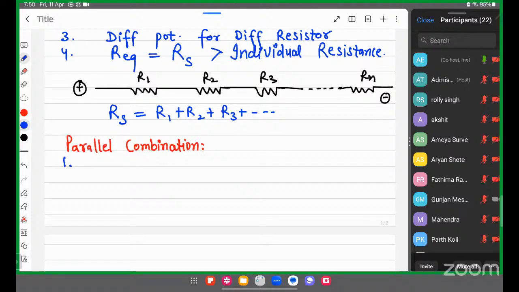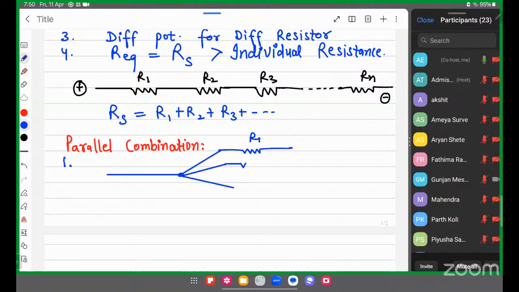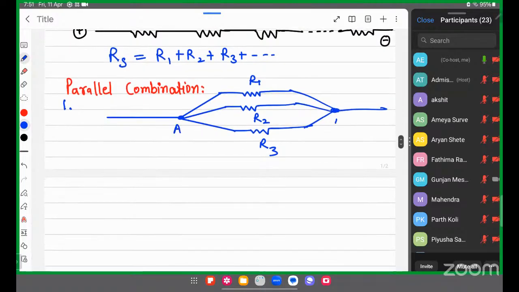For example, let's say this is a wire, and here we have a joint, and at this joint there are different wires in which different resistors are connected: resistor R1, resistor R2, resistor R3, and so on. Another terminal will also be common for all the wires. Let's say this is A and this is B.